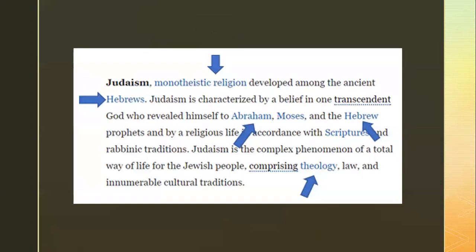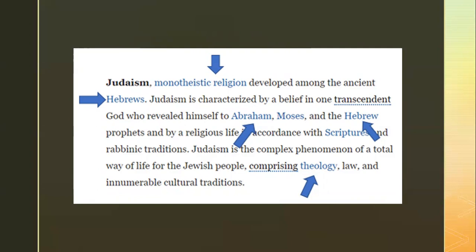Okay, example this one. Judaism, monotheistic religion developed among the ancient Hebrews. Judaism is characterized by a belief in one transcendent God who revealed himself to Abraham, Moses, and the Hebrew prophets, by a religious life in accordance with scriptures and rabbinic traditions.